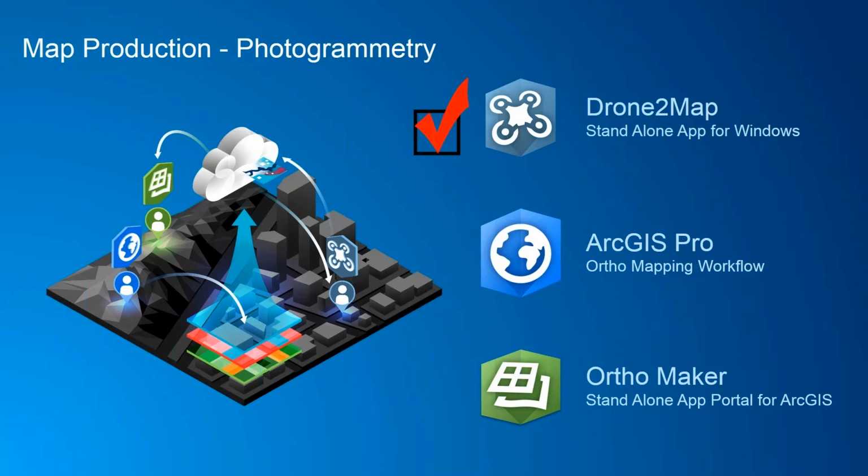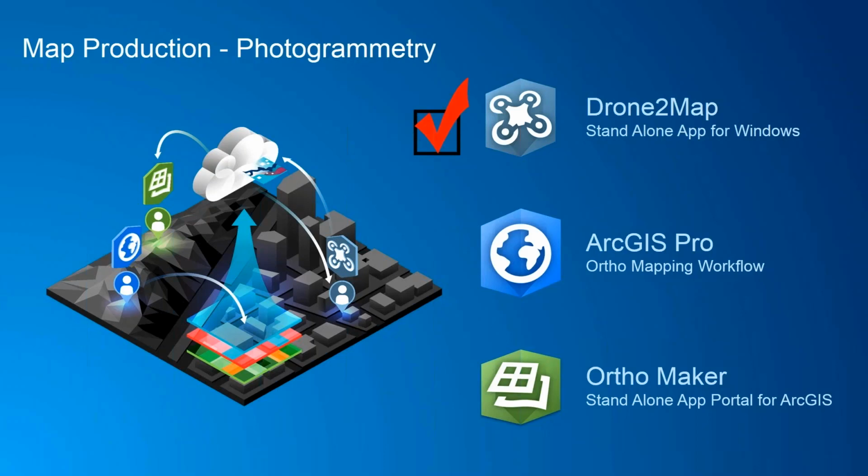So what we recommend for the current releases of the software is that if 3D and 3D site modeling is critical to you, then focus in on Drone2Map and use Drone2Map. But as time goes on, that whole ability to do more and more advanced 3D stuff is going to be carried over into Pro and the OrthoMaker as well.